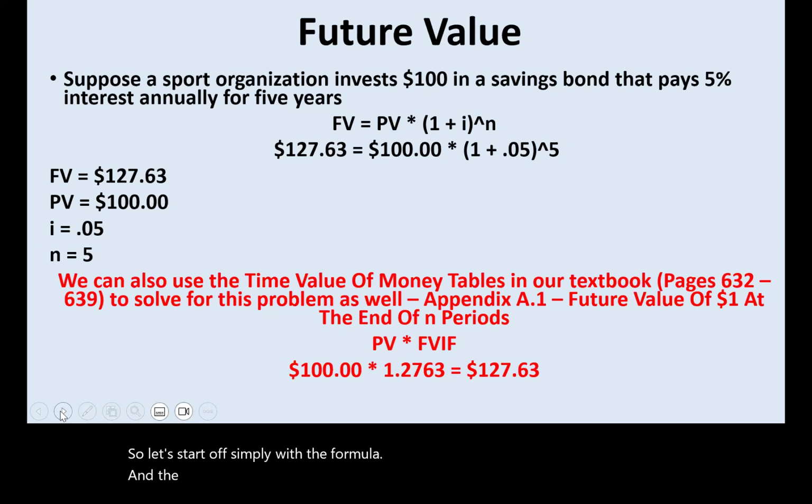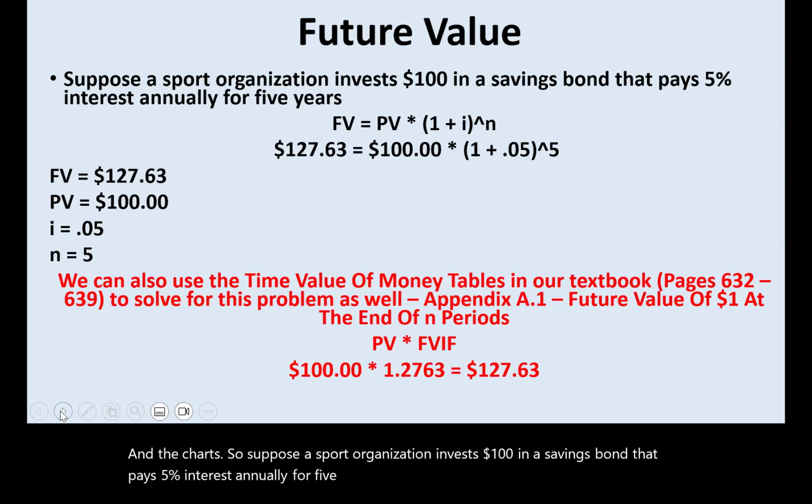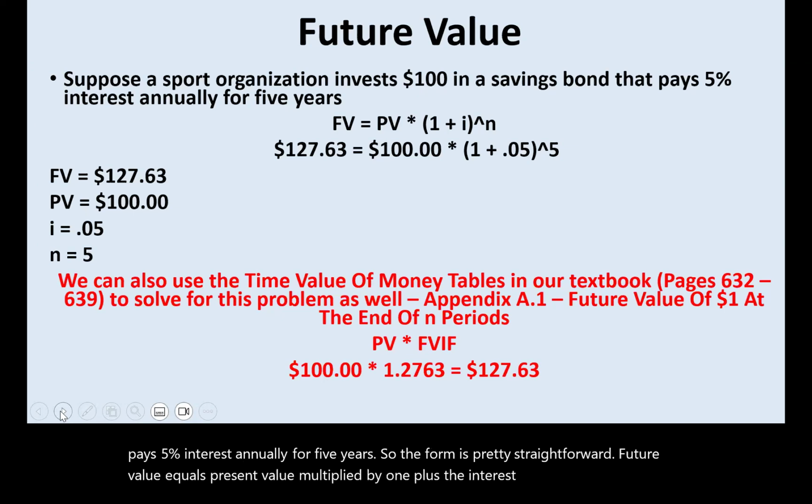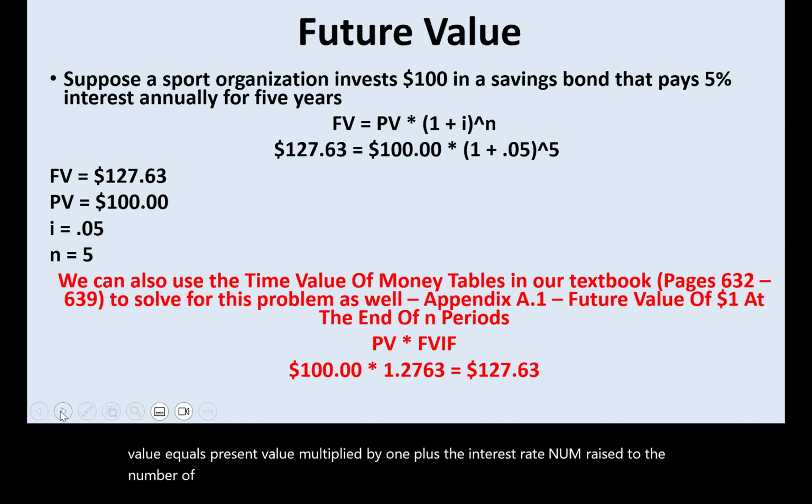Suppose a sport organization invests $100 in a savings bond that pays 5% interest annually for 5 years. The formula is pretty straightforward. Future value equals present value multiplied by 1 plus the interest rate raised to the number of periods. I'd like to diagram the problem out. Our present value, PV, is 100.